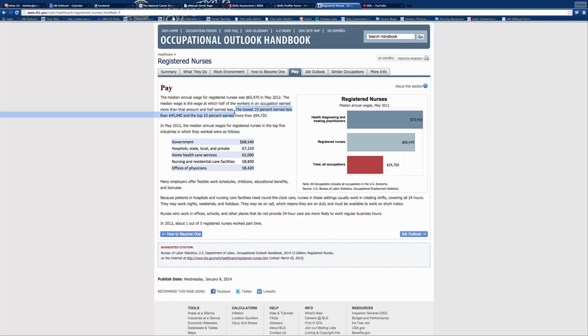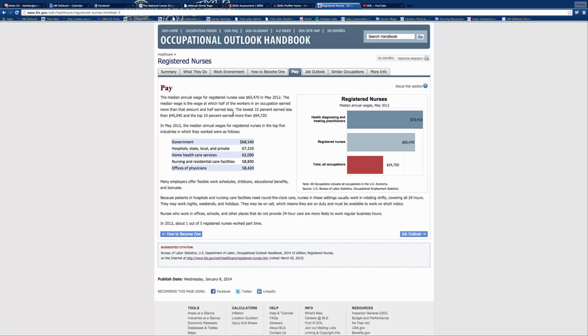So I always have students typically look at what is the lowest 10%, because that's typically going to be more congruent with that entry level. And then knowing that the top 10% is going to be for folks who have years of experience, education built in, or continuing education. So knowing the range is always good, but keeping them realistic is definitely important when it comes to looking at pay.